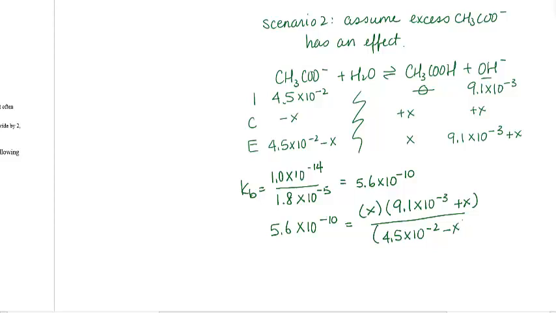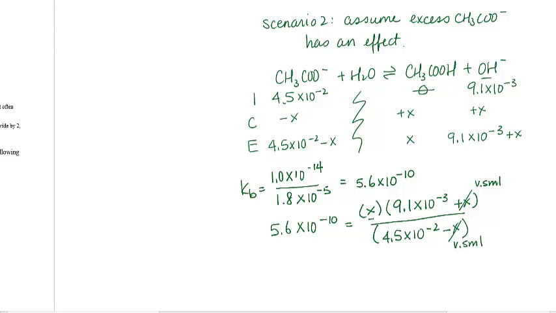Now as you can see, because the initial concentration is significantly bigger than the Kb, we can say that this x over here, which is added, is very small. And we can also see that this x over here is also very small. We cannot eliminate this x because the operation here is a multiplication.